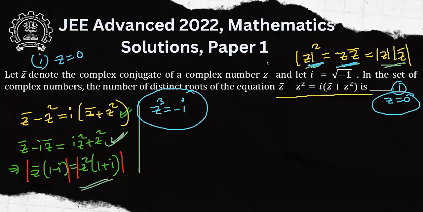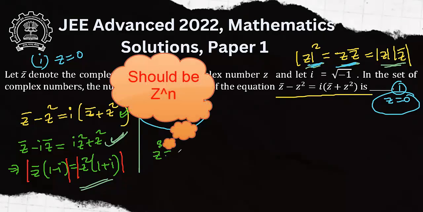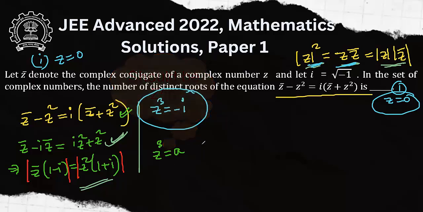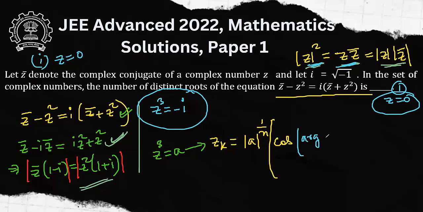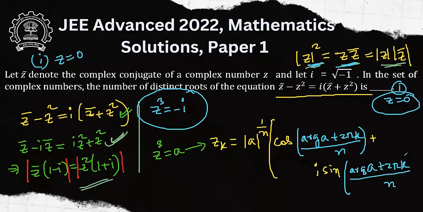In general, if I have something like Z cube is equal to A, there are going to be three solutions. The solution in general would be Zk is the modulus of A to the power 1 upon n times cos of (argument of A plus 2 pi k) upon n plus I sine of (argument of A plus 2 pi k) upon n.